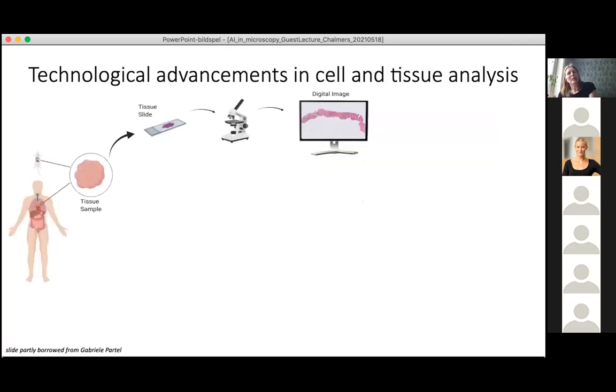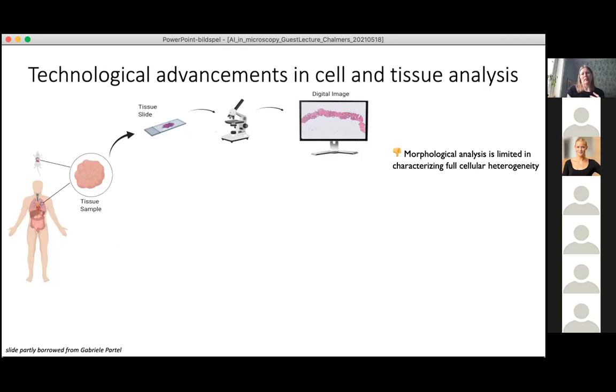So if you think about analysis of tissue samples, what you would typically do if you have a suspected tumor would be to cut it out. And you would do this preparation and put it on a tissue slide and then either just look in a microscope or digitize it and use an automated approach like I just presented.